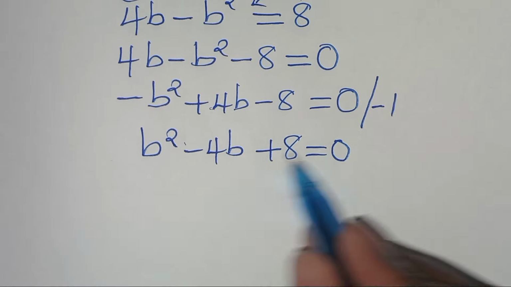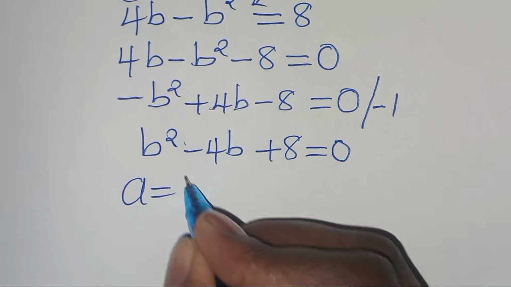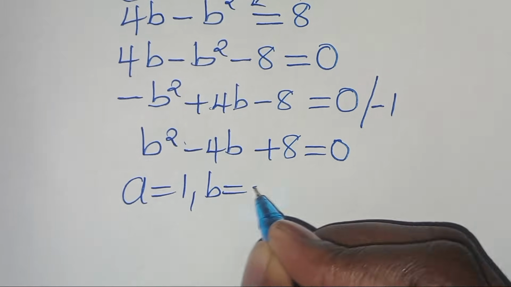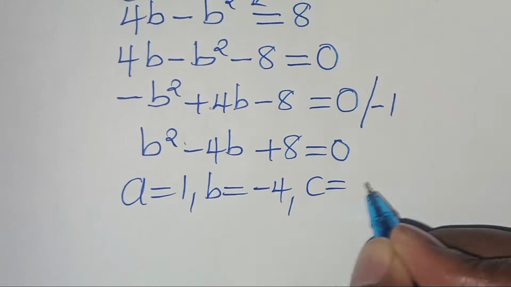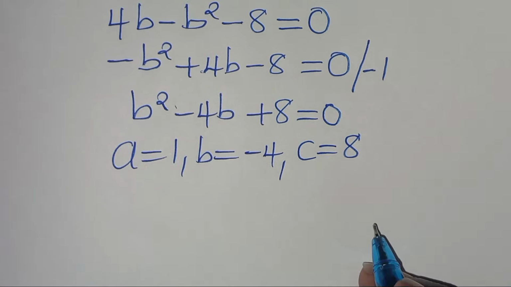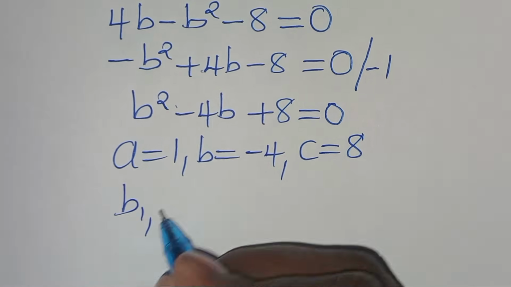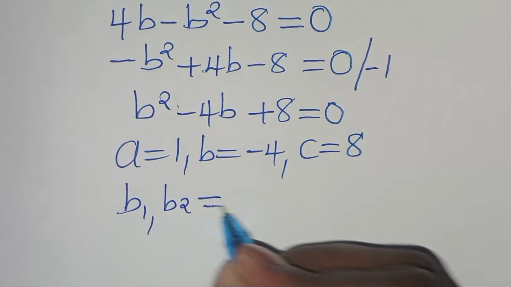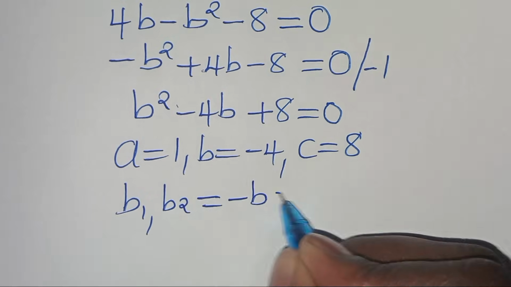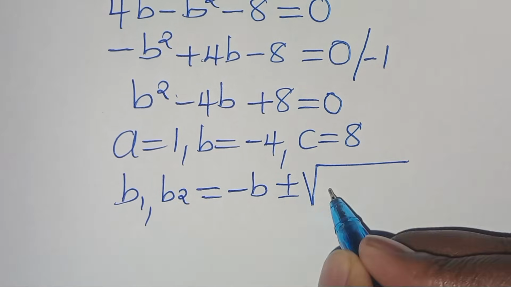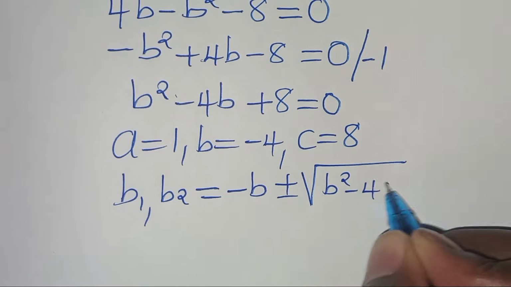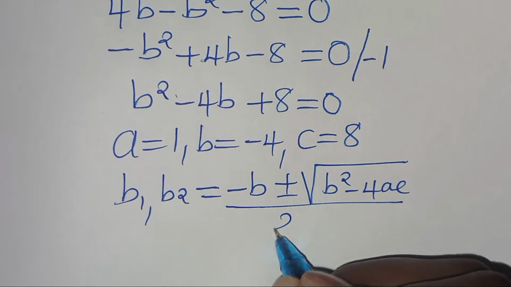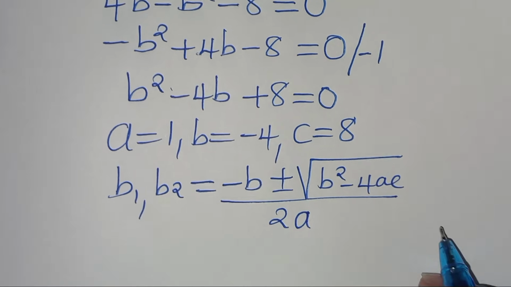So this is a quadratic equation where we have a is equal to 1, b is equal to minus 4, and c is equal to 8. We can solve for b1, b2 by applying the quadratic formula, which is minus b plus or minus the square root of b squared minus 4ac, divided by 2 times a.